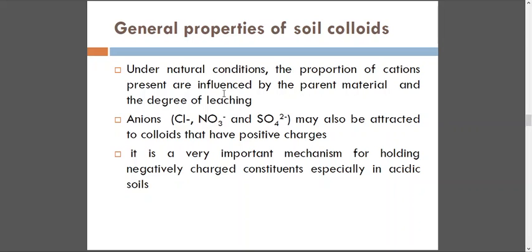If the leaching is too much, then the proportion of those given ions will be smaller, because most of them would have been leached away. Then we also see that anions may be attracted to colloids that have positive charges, like we saw earlier. If the colloids are positively charged, they would attract anions instead, because they possess an opposite charge.